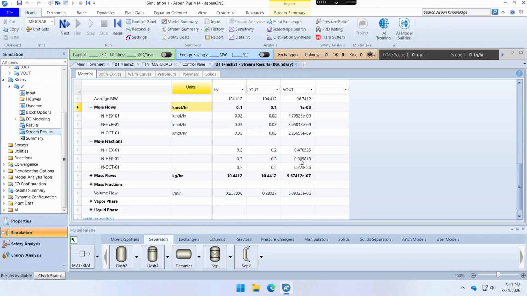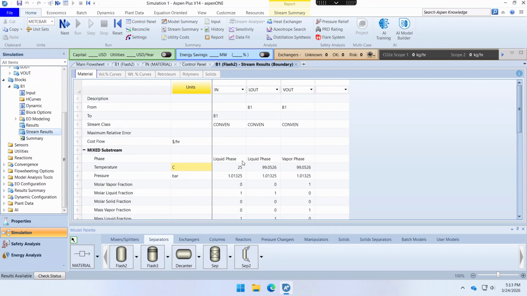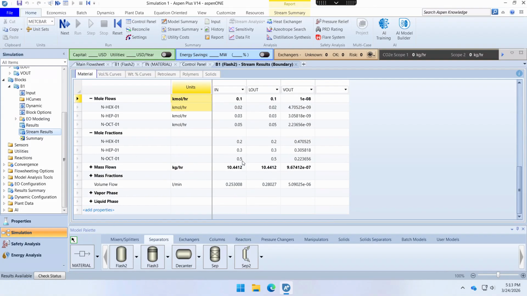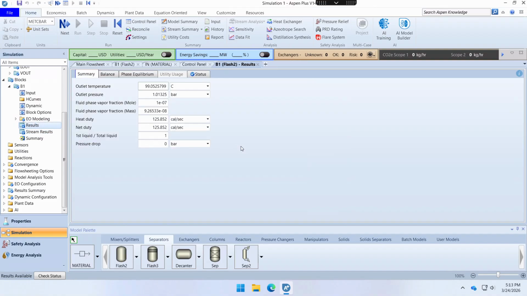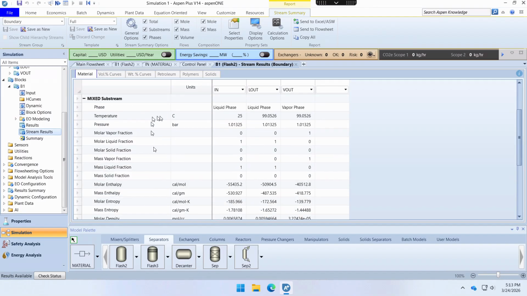And so if I look at the temperature, where does it say the temperature? Maybe if I go to results. No. Oh, here, temperature.